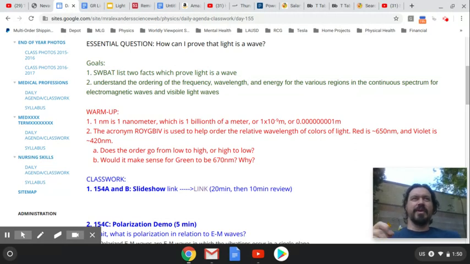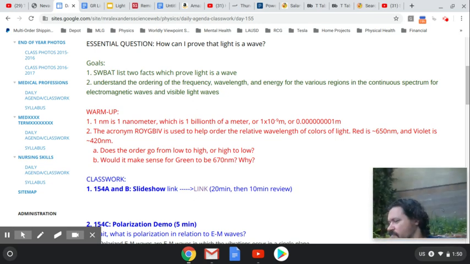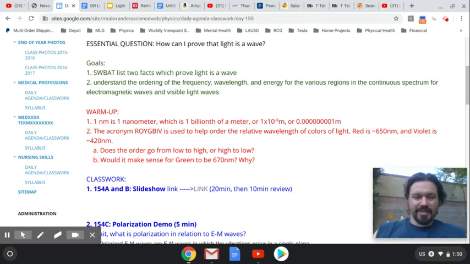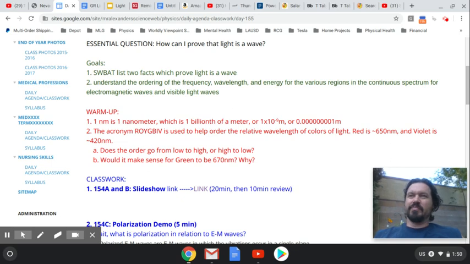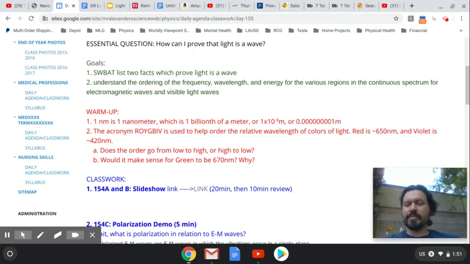It gets bent at different angles, and what we end up seeing from that is different colors. These different colors get bent differently. They get refracted differently because of their wavelength. And so when that happens, they separate, and you see a rainbow. The same thing happens with a prism.